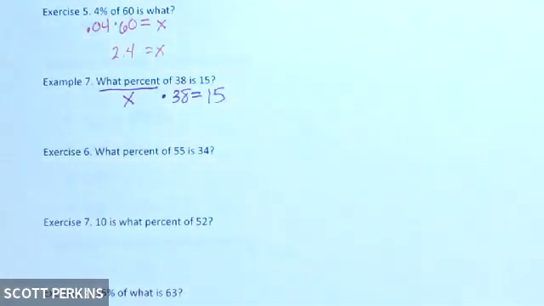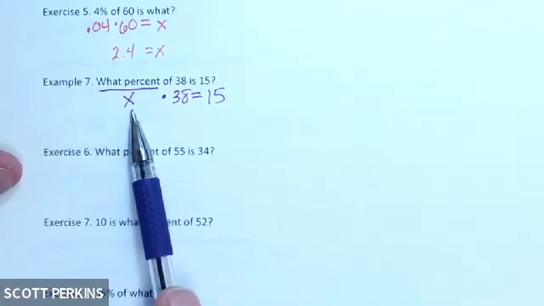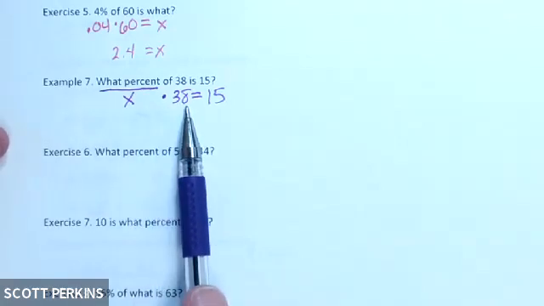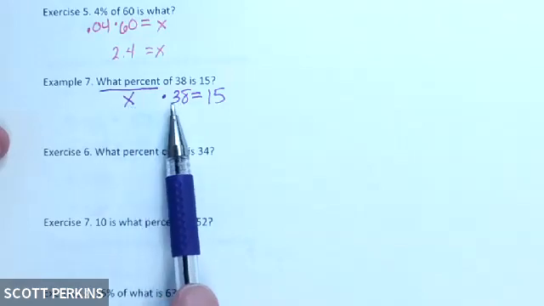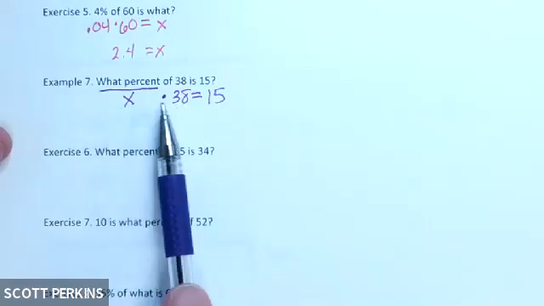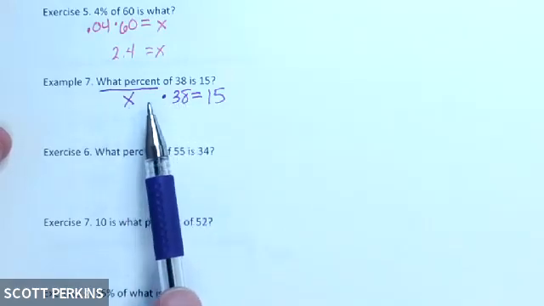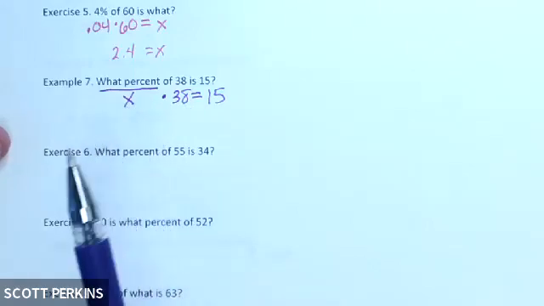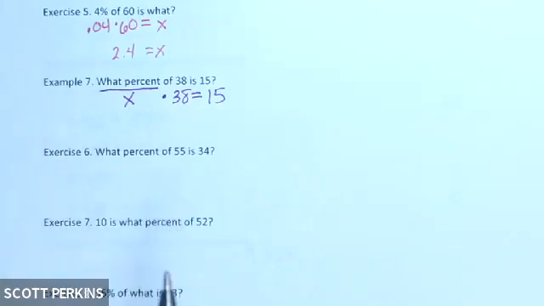Again, I don't assume that you know much algebra in this class. It's not necessarily a prerequisite, but I'm sure you've seen some algebra before. If I have X, some unknown, times 38, how do I get the X by itself? How do I undo that? I'm going to divide by the 38. The reverse of multiplying by 38 is to divide by 38.